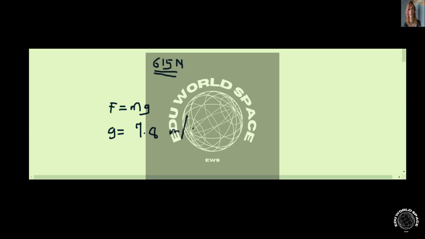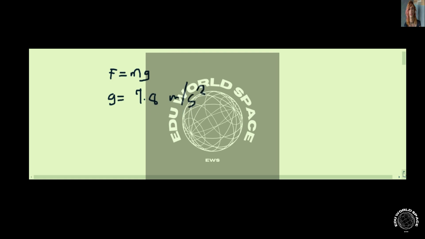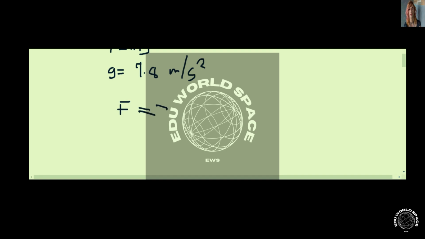So the mass of the astronaut, which is 75, times the gravity, which is 9.8 meters per second squared.